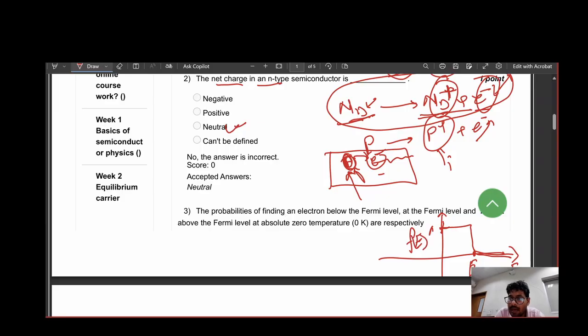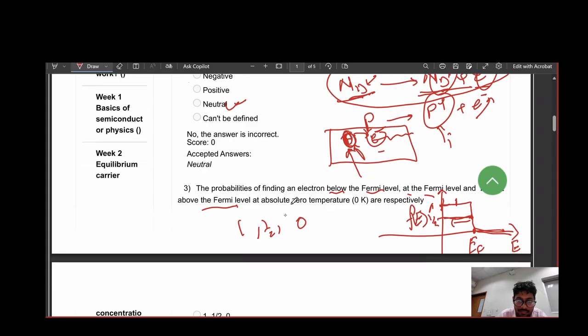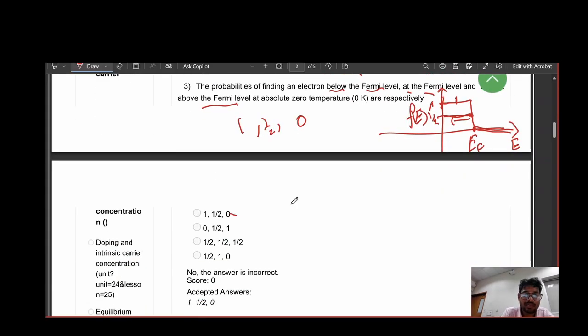The probability of finding an electron below the Fermi level is 1, at the Fermi level is 1 by 2, and above the Fermi level is 0. So 1, 1 by 2, and 0. This is the answer. So the first one is the answer.